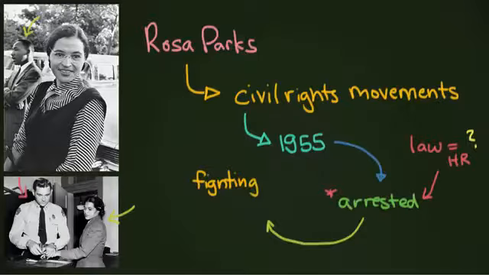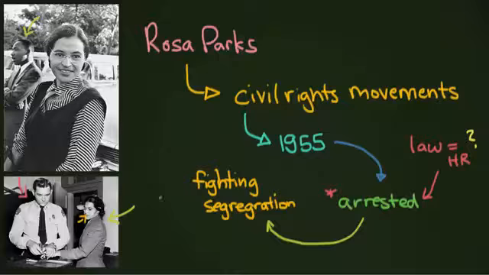segregation. And segregation was this policy that was a very big deal in the United States at that time and would be a big deal in lots of other places and kind of still is a big deal in other places, where people of different racial backgrounds, so white people like this guy here and black people like this woman here, like Rosa, were basically held apart.